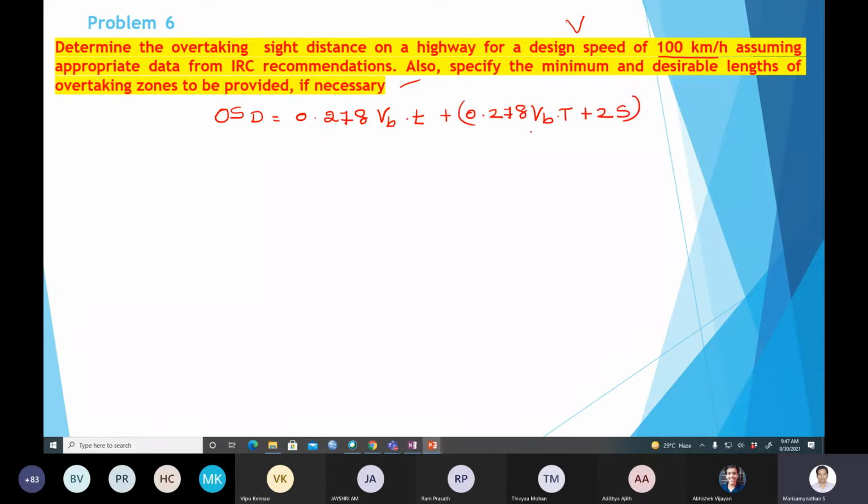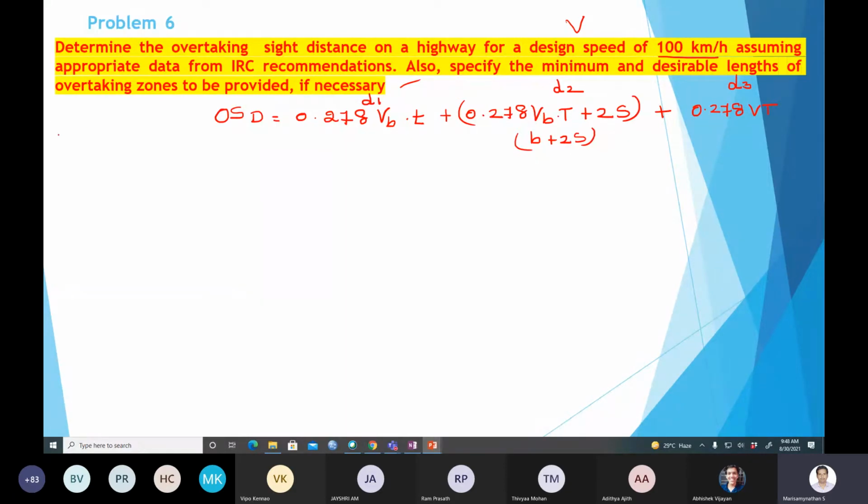So this is what I have shown: the d1 component, then 2S, and this will be D2. Then the third component is the opposite vehicle, which is coming at the design speed, and travel time is T. So this is D3. When we add all three components, we get the overall overtaking sight distance.